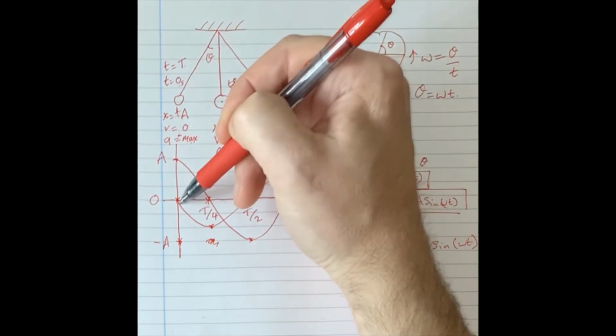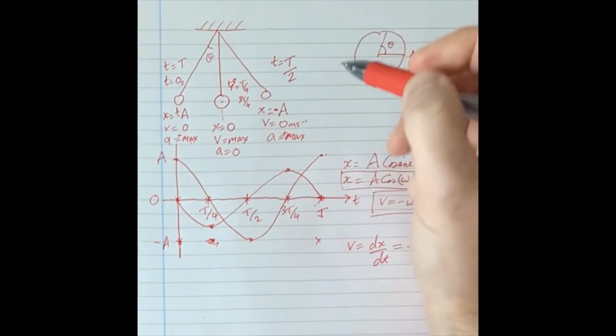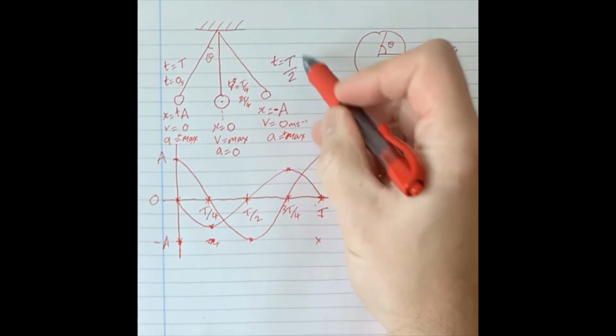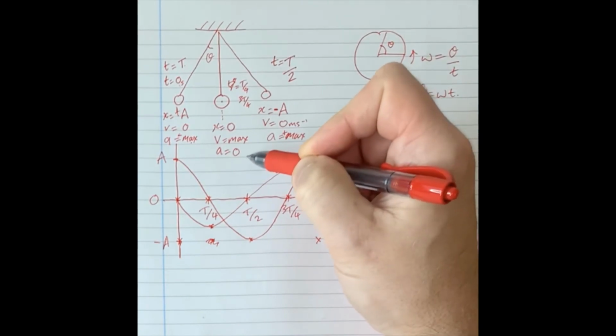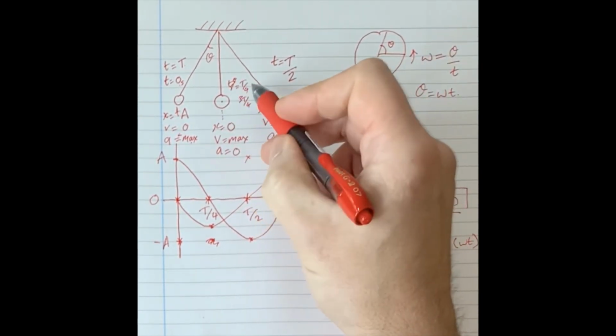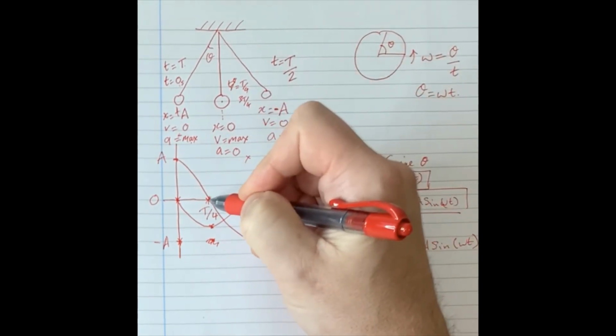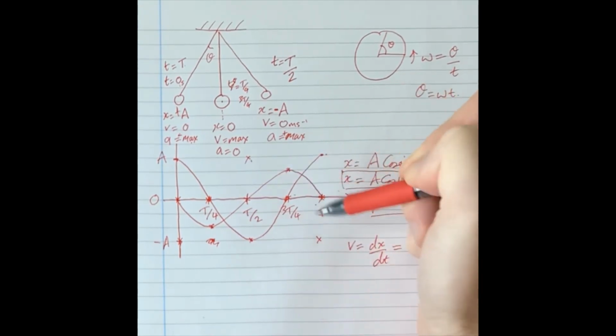We've gone from t equals 0 to t equals the time period, and we're at maximum negative acceleration. When we get to the halfway point, it's positive, so maximum positive. And then a is 0 at a quarter of the time period and 3/4, so here and here. So we've got this point, this point, this point, this point, this point.